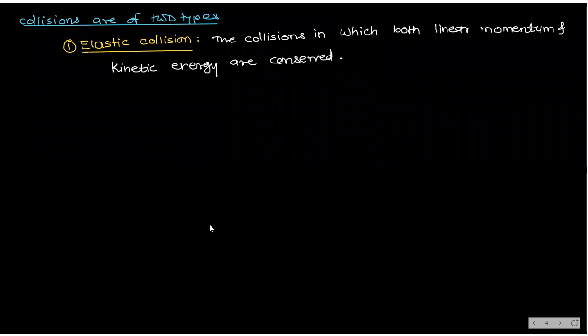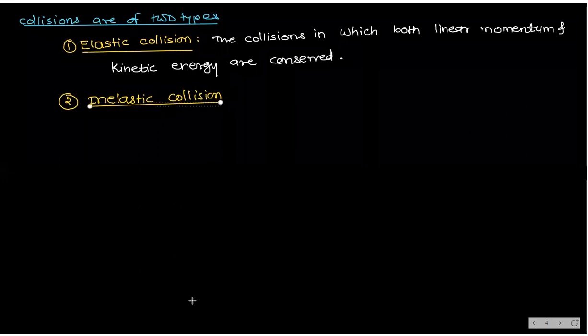Now, the next collision type you see is inelastic collision. Now see, this is inelastic collision. And what is the definition? In the first, elastic collision, both were conserved, right? Now here, only linear momentum is conserved.